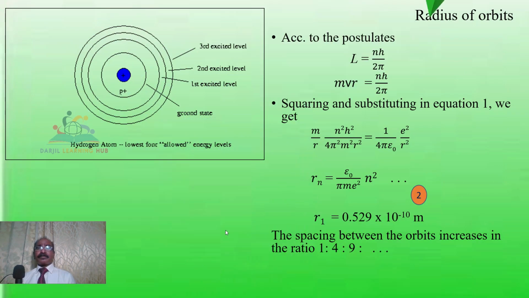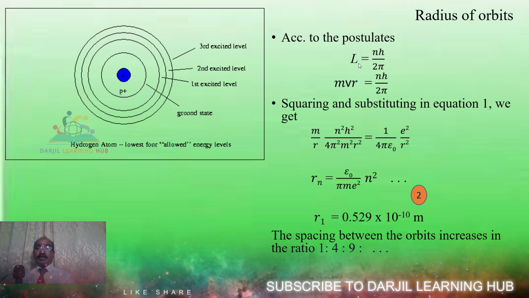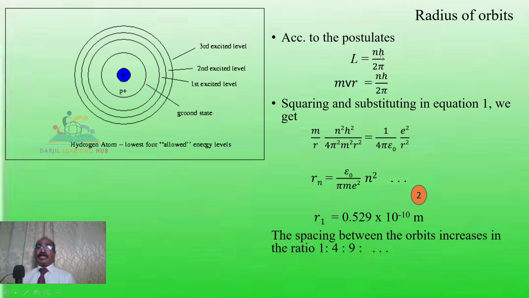Now, according to the Bohr postulates, the angular momentum of the electron in the circular orbit should be an integral multiple of h by 2 pi. The integer is n, and n can take values 1, 2, 3 and so on. This is the expression for the angular momentum according to the postulates of Bohr.